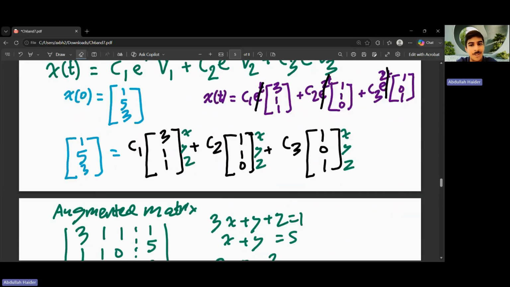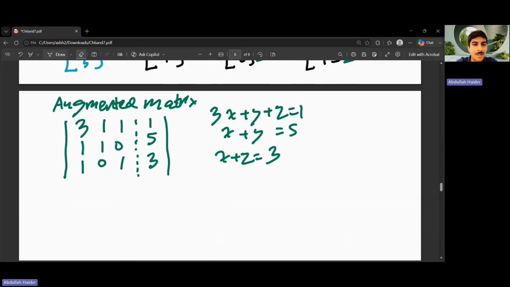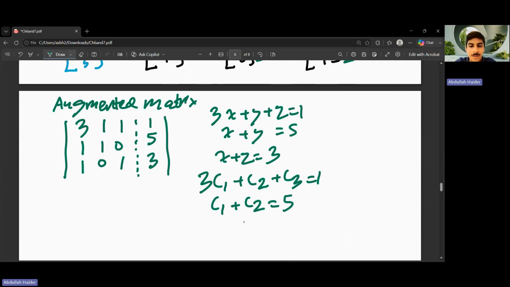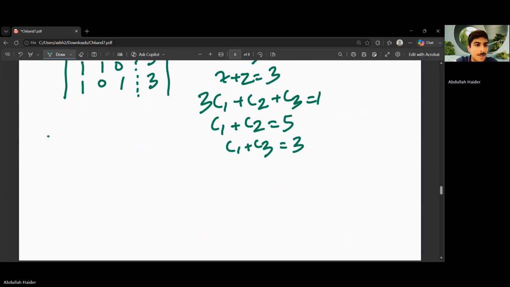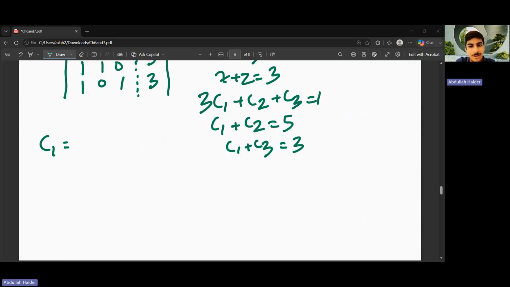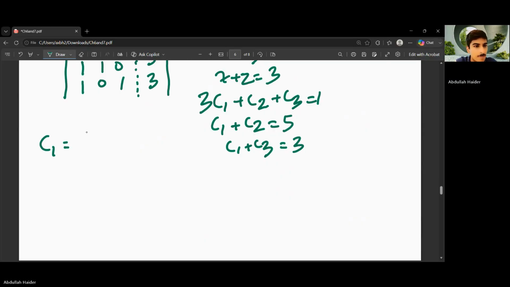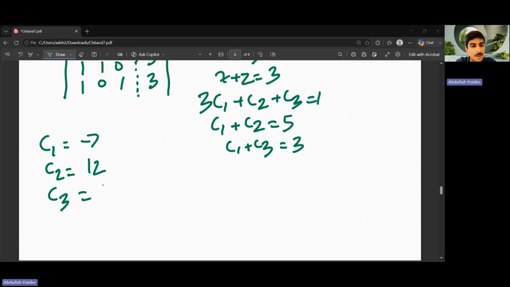Since we're dealing with C1, C2, C3 in this question, we write it as 3C1 + C2 + C3 = 1, C1 + C2 = 5, C1 + C3 = 3. Whichever way you want to solve it, just to save time, C1 is -7, C2 is 12, C3 is 10.